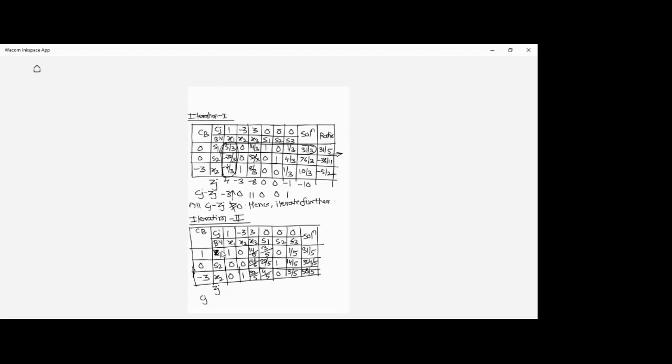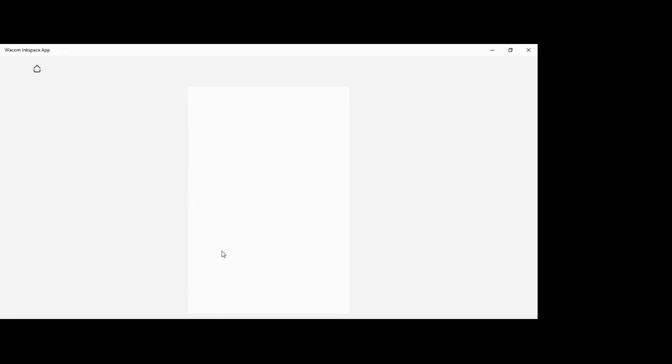So Cj minus Zj. I've got it as 1, minus 3, minus 82 by 5. I'll be redrawing this particular table because it got somewhat distorted, so that at the end you shouldn't be getting confused regarding the values, right?